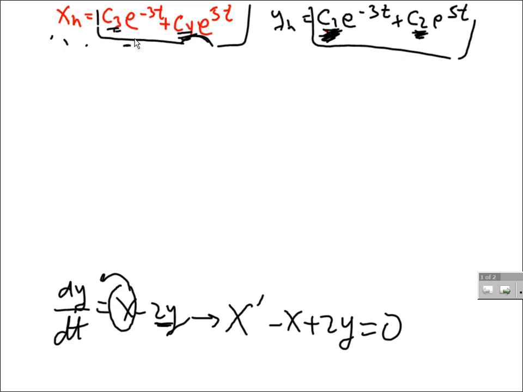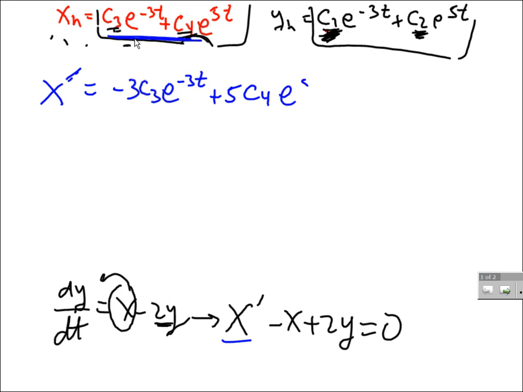So first I need to know x prime. Well, x prime will be, I'm looking up here, negative 3 c3 e to the negative 3t plus 5c4 e to the 5t. I need to take away x. So minus x, well that's x, I'll do minus x.